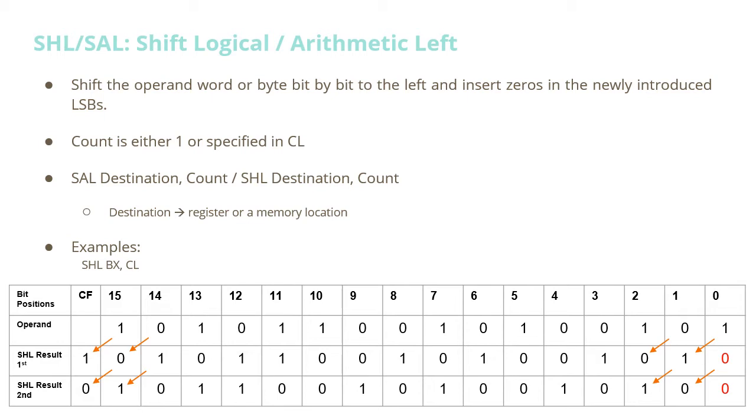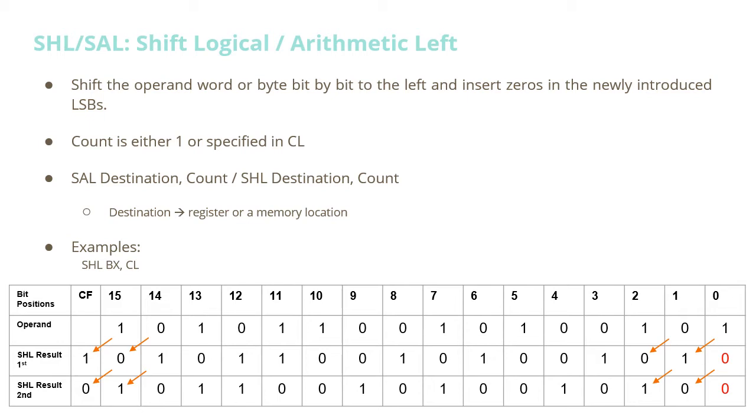Now this is more clearly explained with the help of an example. As we can see here, the operand is the BX register, that is the contents of the BX register are being shifted. The number of times the shift will happen depends upon the count value that is present in the CL register.